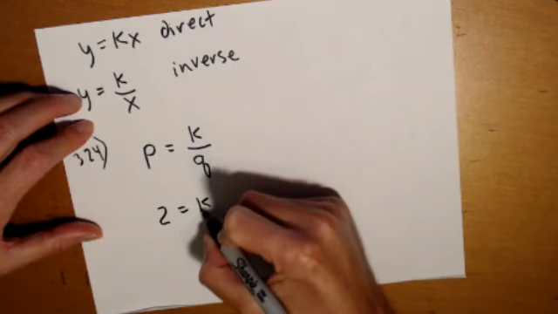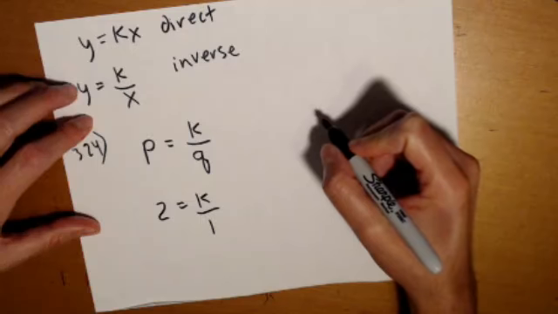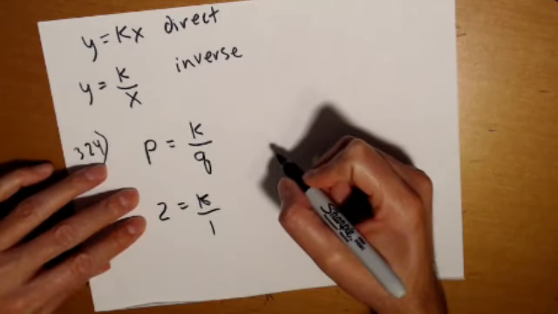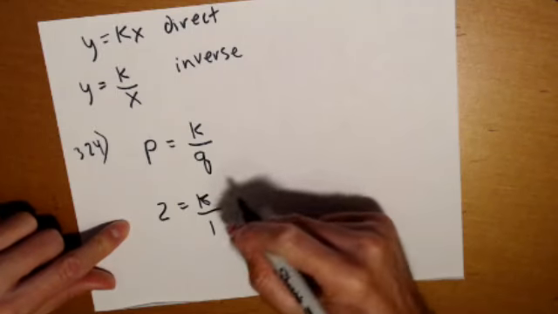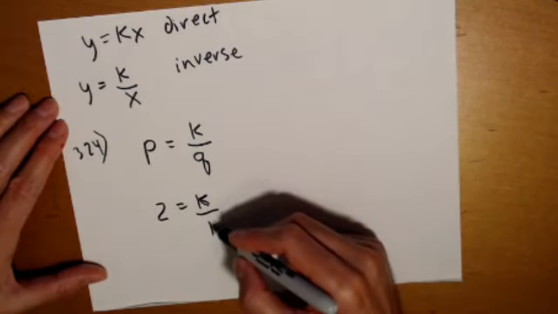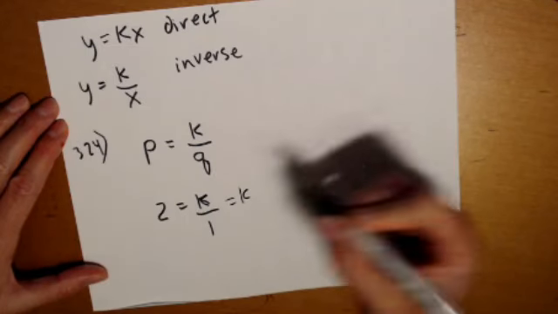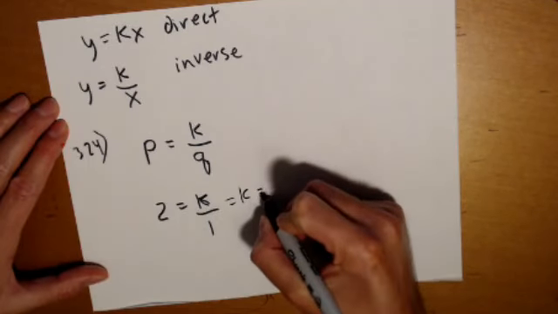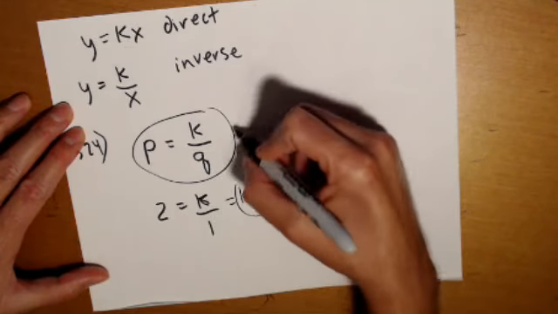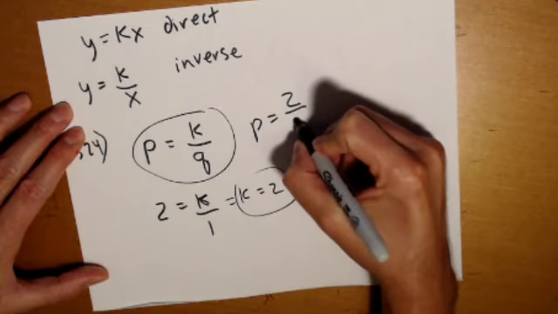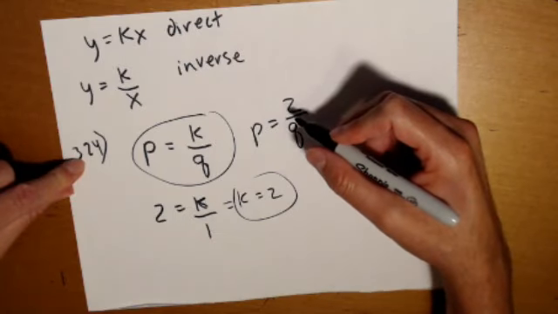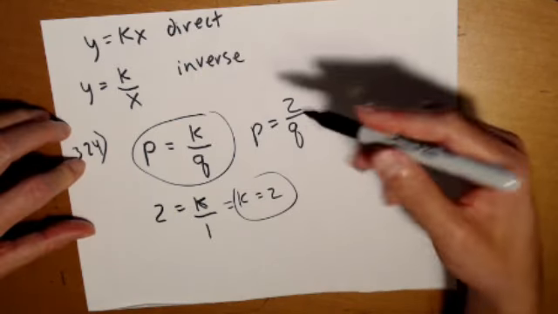Okay, so let's solve for K. So K over 1 is basically just K. So K is equal to 2. So we just solved that K is 2, so P is equal to 2 over Q. And then it says, find the equation that relates P and Q. Oh, okay. That was easy.